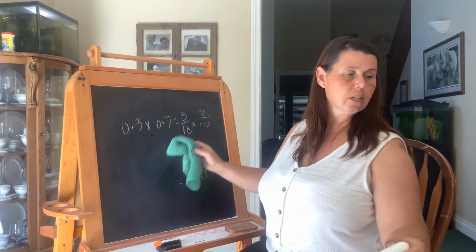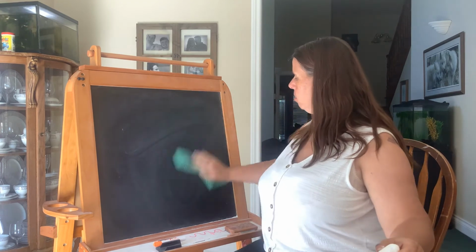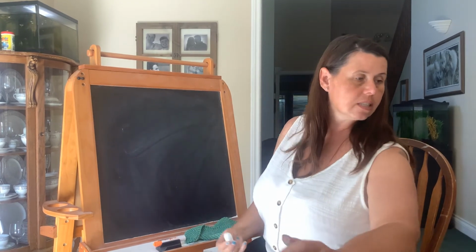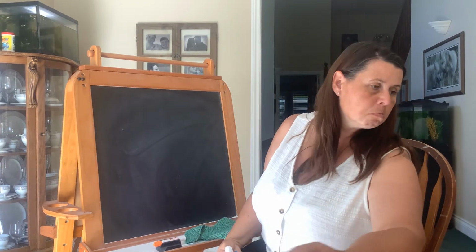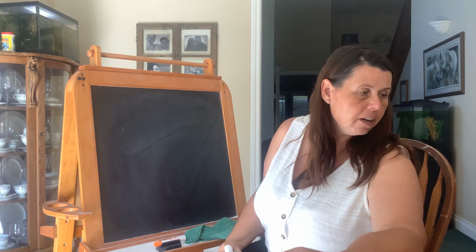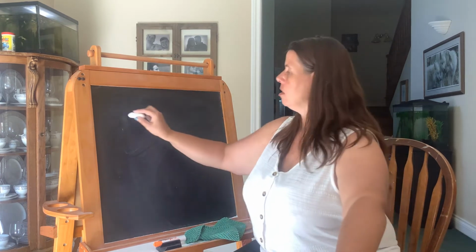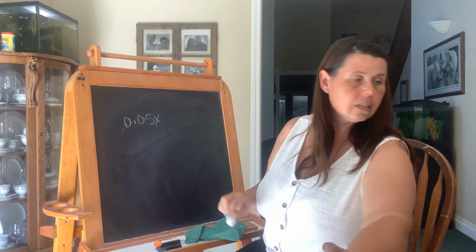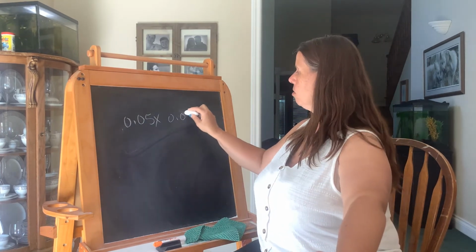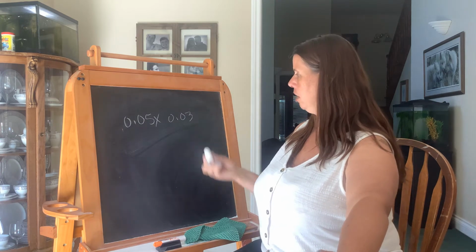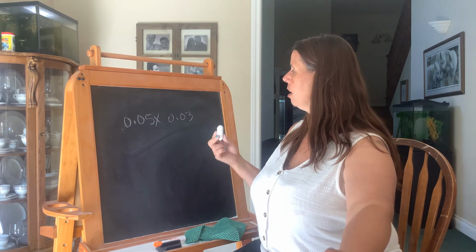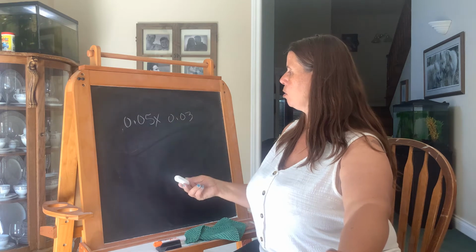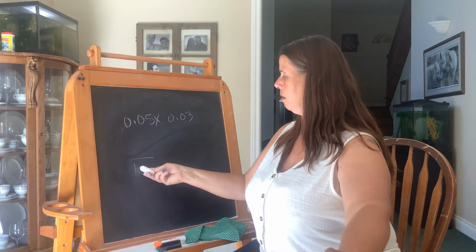Okay? I'll do one more with you because that was just the example. Let's choose 5. Why not? V. All right. 0.05 times 0.03. Okay. Going to change it to a fraction. I have 2 decimal places, which means I'm going to have 2 zeros on the bottom.